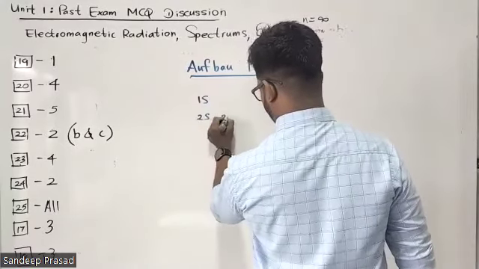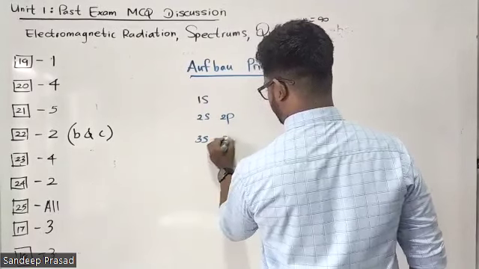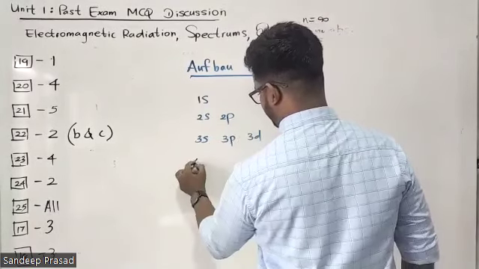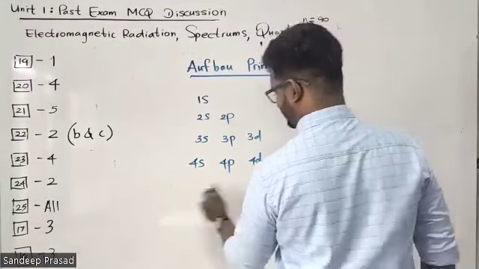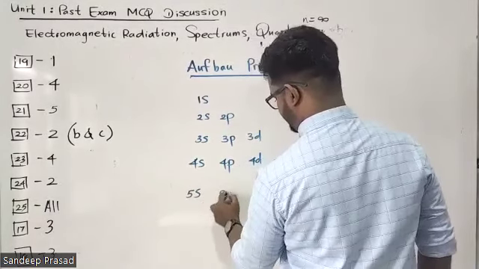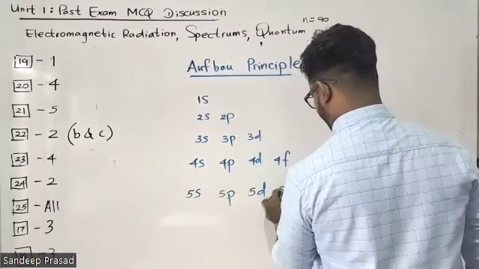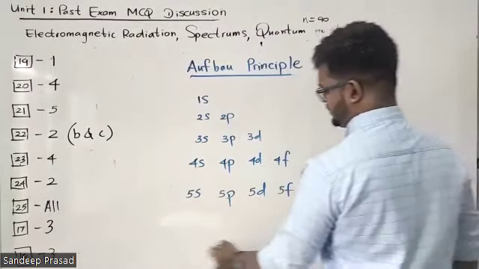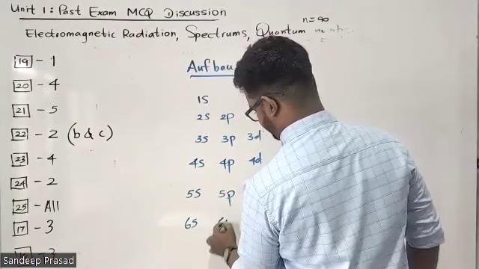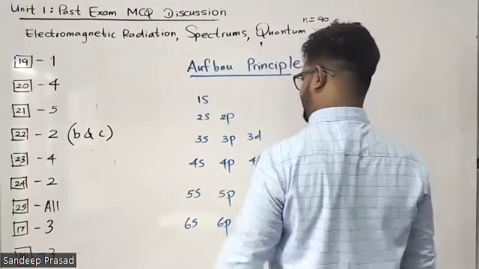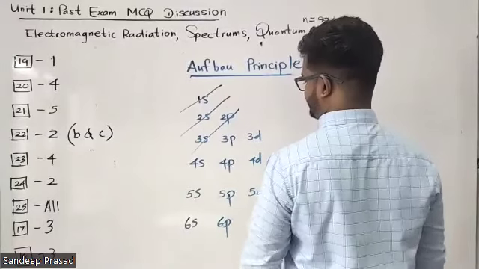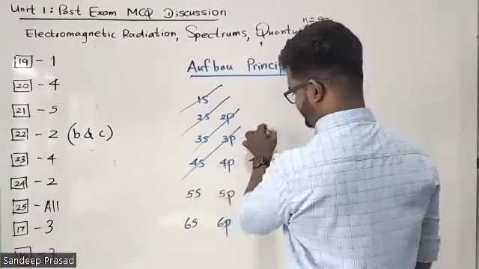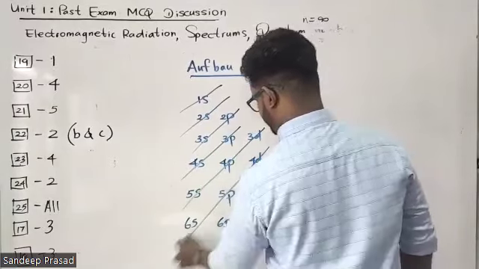1s, 2s, 2p, 3s, 3p, 3d, 4s, 4p, 4d, 4f, 5s, 5p, 5d, 5f, 5g, 6s, 6p. Then here we have 1s, 2s, 2p, 3s, 3p, 4s, 3d, 4p, 5s, likewise.